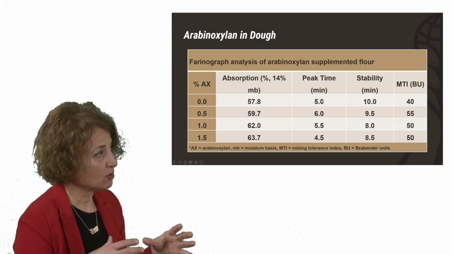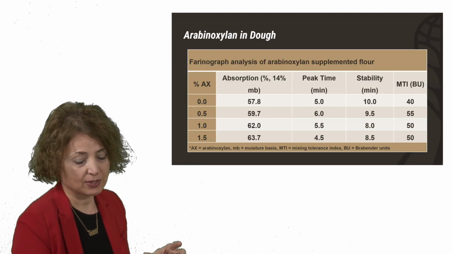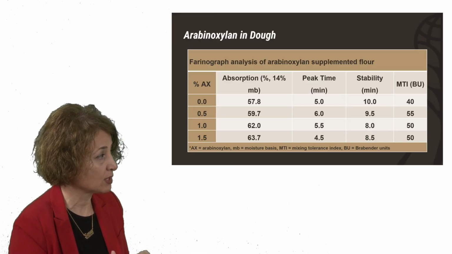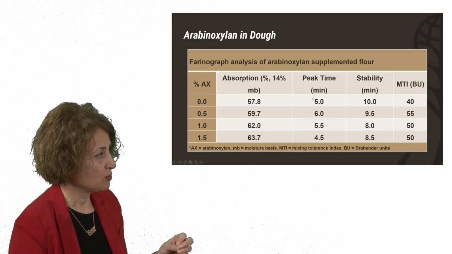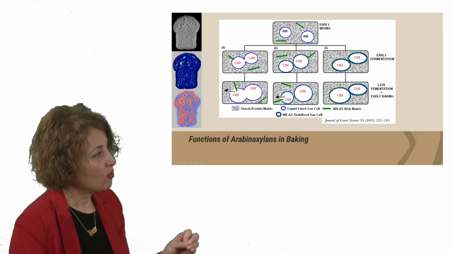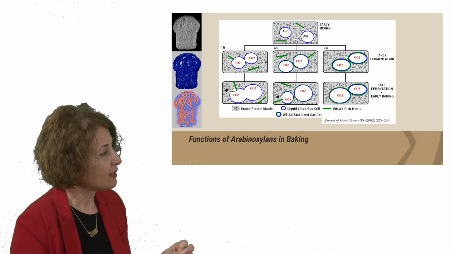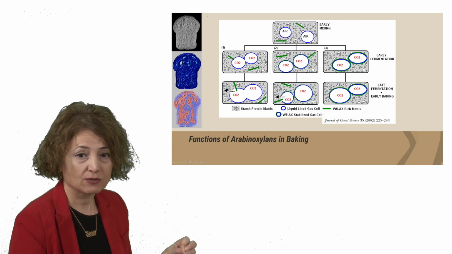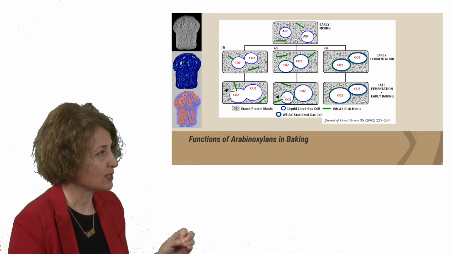We are going to define what the peak time and the stability are in the following lectures. But here I want to put the emphasis on the fact that as we increase the arabinoxylan content, there is an increase in the water absorption. And then earlier in the arabinoxylan lecture, I talked about water soluble and insoluble arabinoxylans.